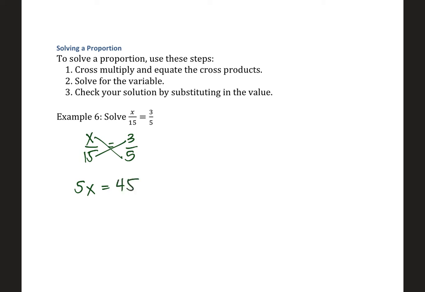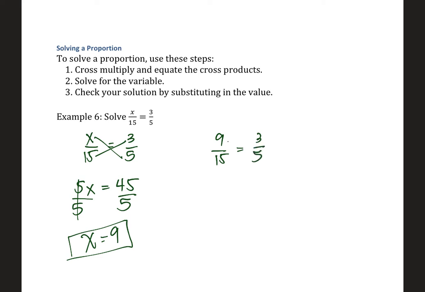Solving for x, I'll divide by 5. x is equal to 9. And what I'm going to do is check our answer by plugging it back in. 9 over 15 is equal to 3 over 5. If I cross multiply this, 9 times 5 is 45. 15 times 3 is 45. It is the correct answer.